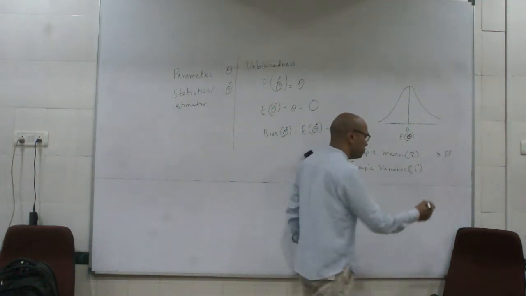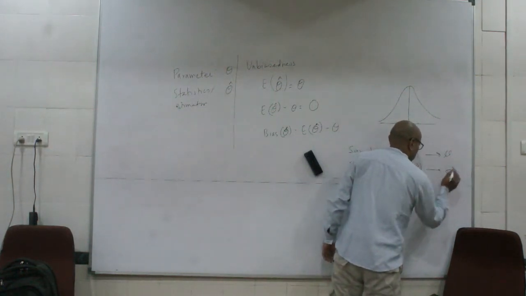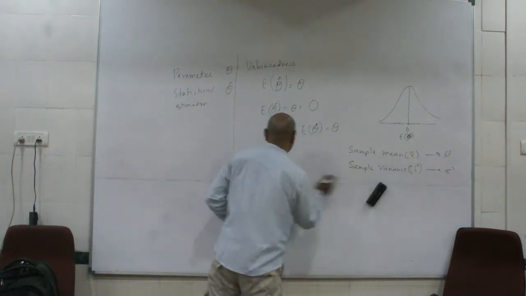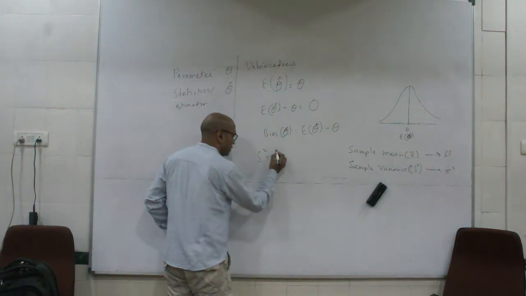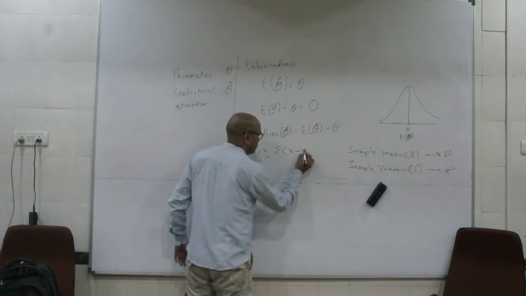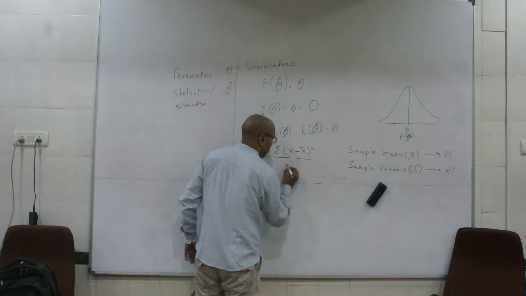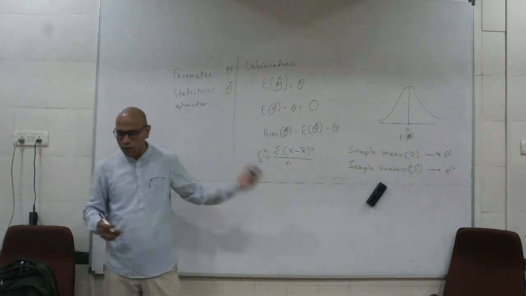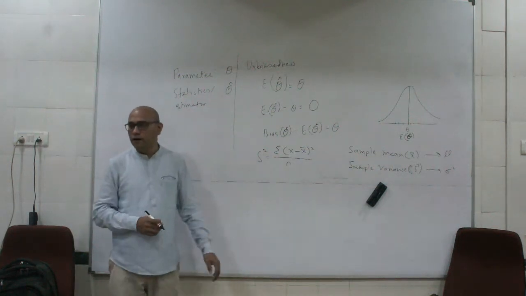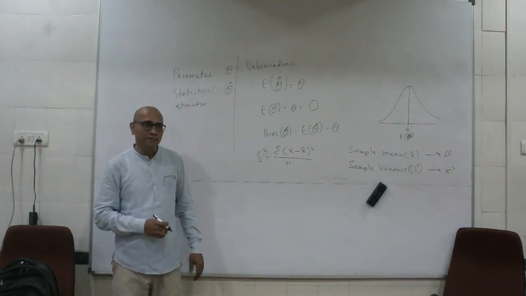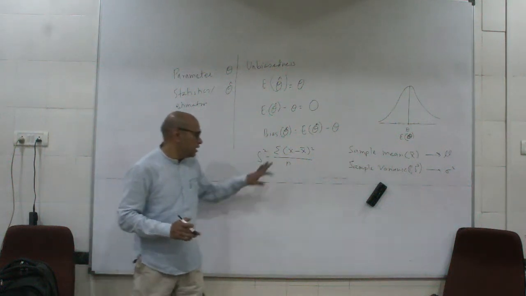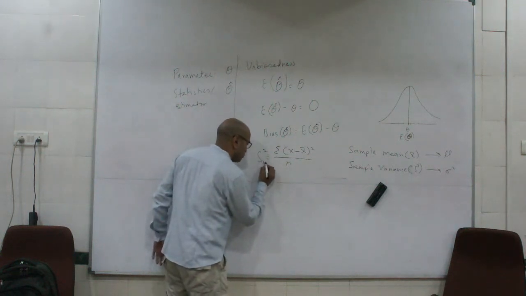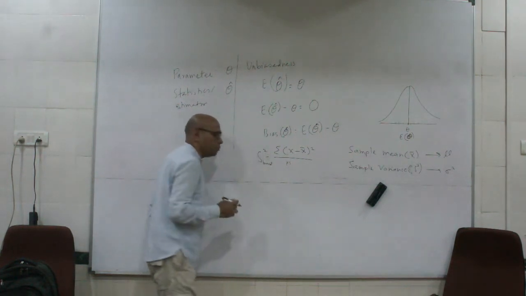S square estimates sigma square, right? Now, how do we get S square? We get S square by summation x minus x bar bracket square upon n, right? This is how I get S square, and if I square root it, then it would be the standard deviation, right? Now, this S square is a biased S square.